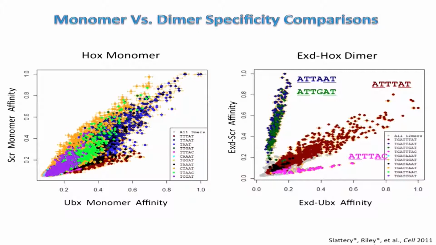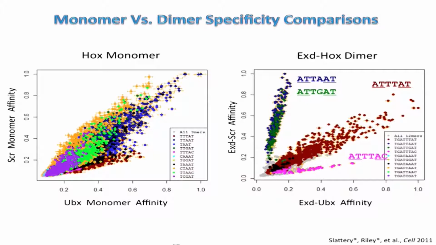This is the relative affinity for Ubx, and this is the relative affinity for Sex combs reduced in complex with Extradenticle. And then this red class here, which had the core sequence AT, both Ultrabithorax and Sex combs reduced basically bound to these sequences almost equally, with equal affinity.